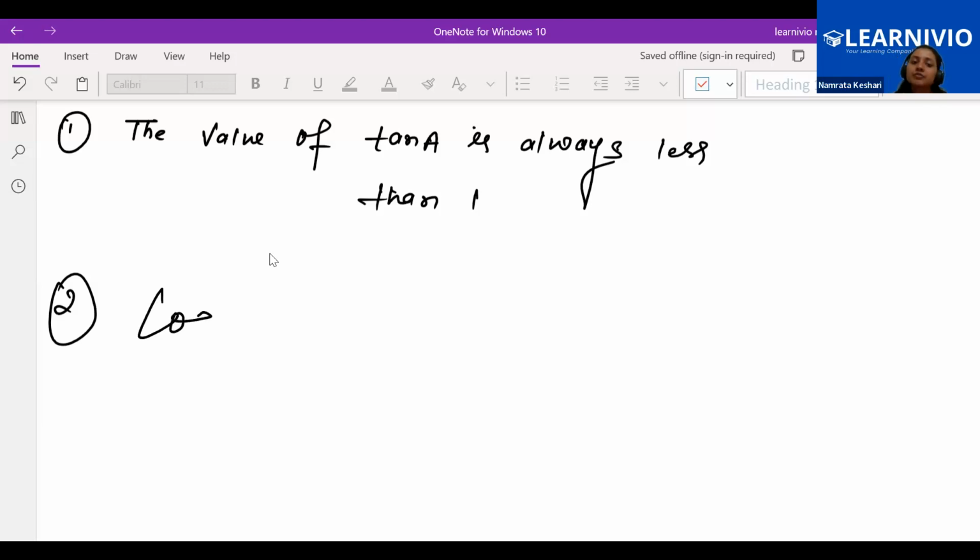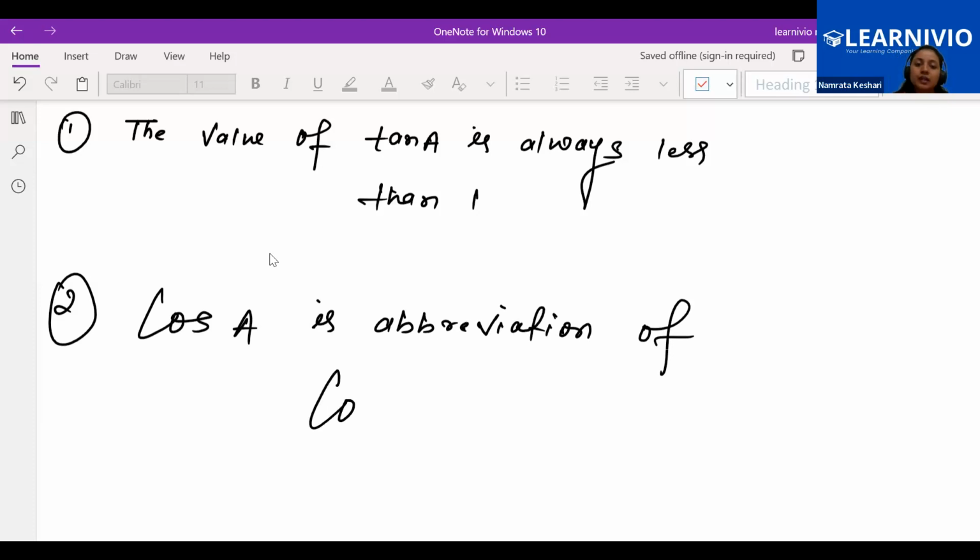Cos A is the abbreviation of cosecant of angle A. Is it so? This one you will be able to answer. Yes, I am expecting an answer from everyone for number 2. Vote for it, true or false.